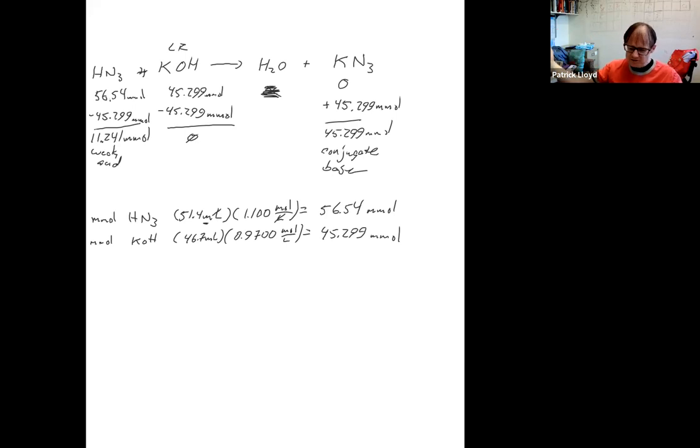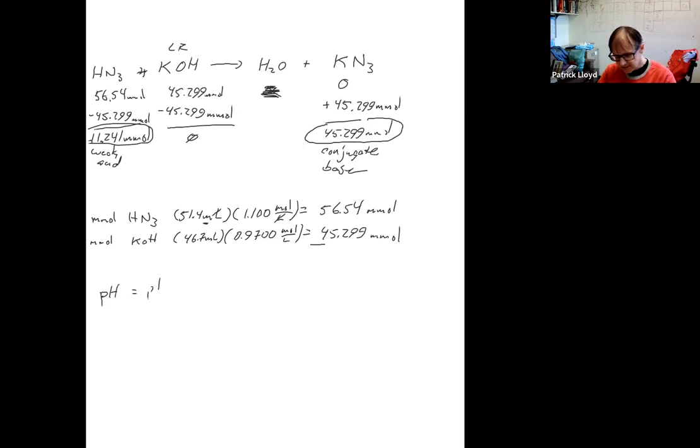That's exactly what we've done. We've taken off the H plus, replaced it with a K plus, and so we have a conjugate base. Now, here's the cool thing about this particular calculation. I'm going to circle these two numbers here. Weak acid, conjugate base.